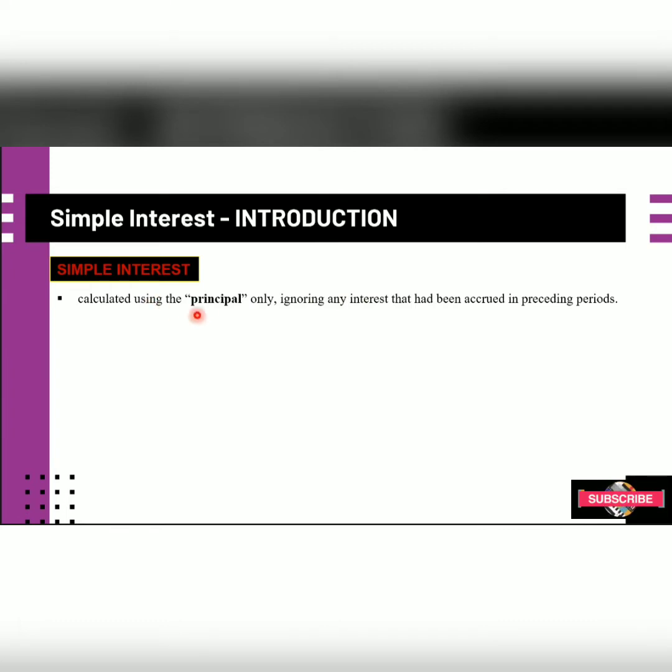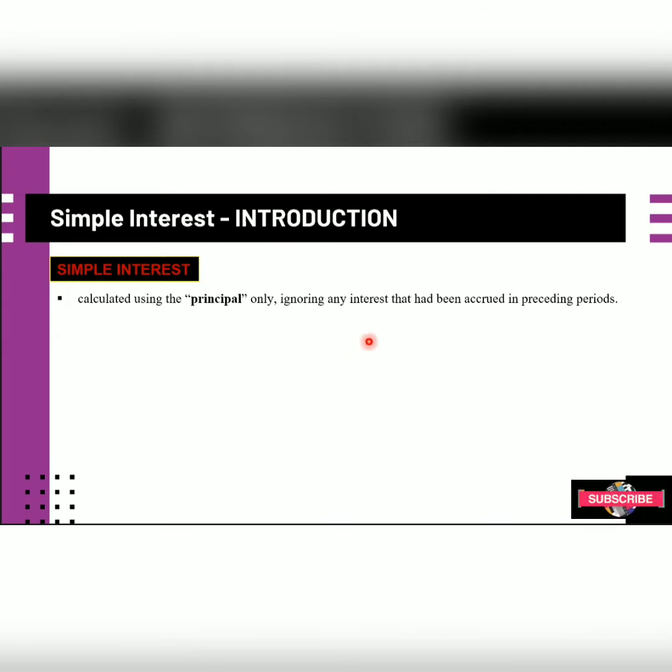So this principal amount is also referring now to the present worth amount at year 0, and ignoring any interest that had been accrued in preceding periods, meaning that your principal amount or present amount where your interest is applied will still be the same in every year, unlike the compound interest in which the principal in every year is different from the other year.